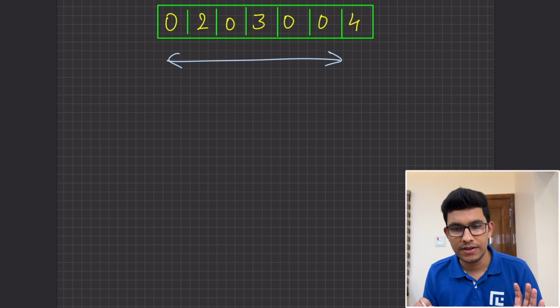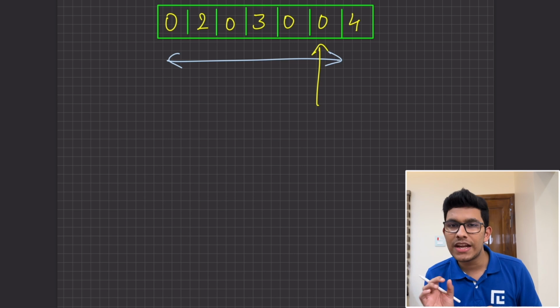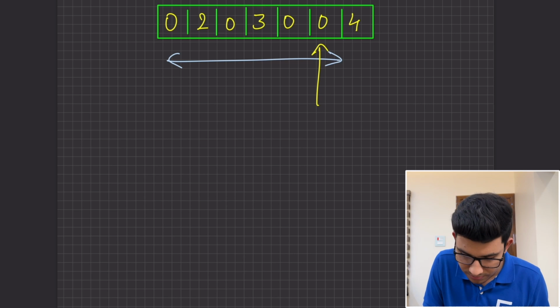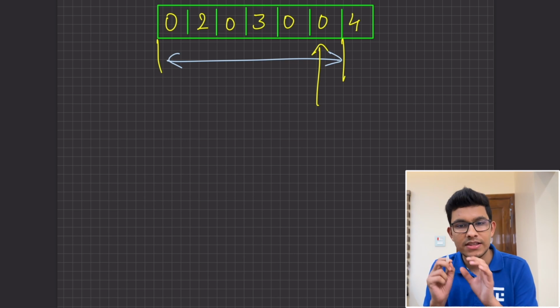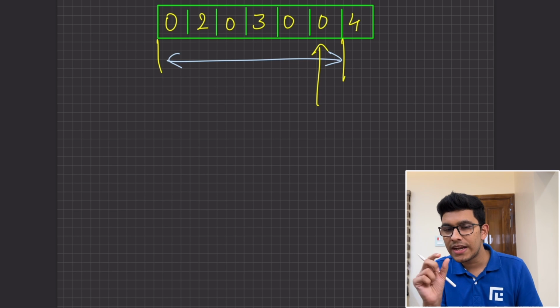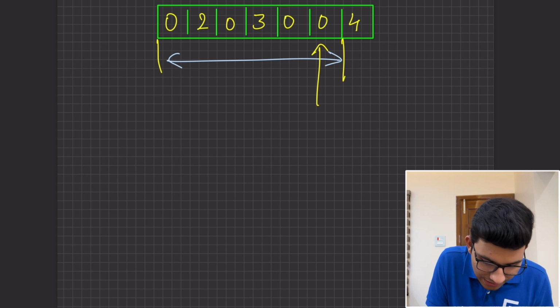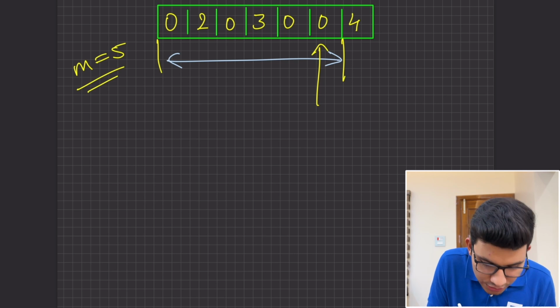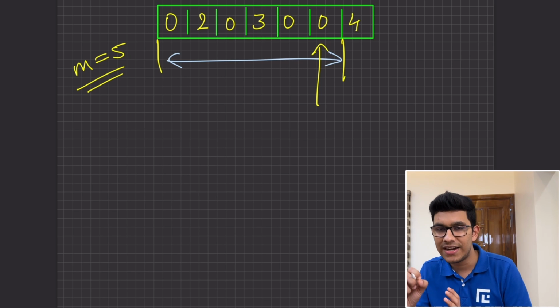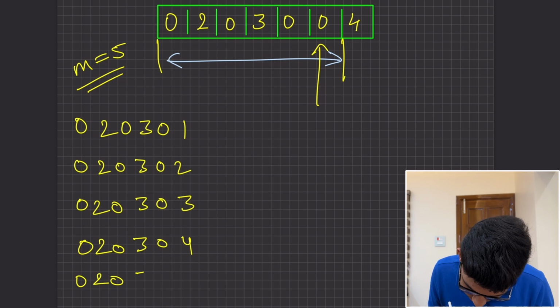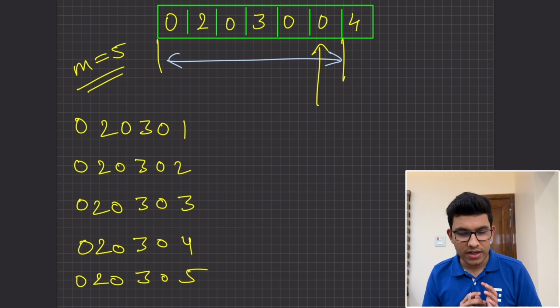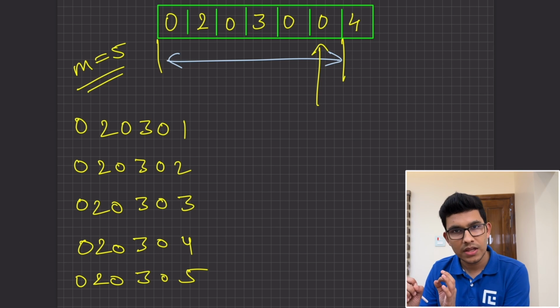We are concerned about this prefix, right? So let's think about what you can fill at this last index here. If m is equal to 5, can I say you can fill all the values from 1 to 5 at this last point? Yes. These are the different cases that you could construct when you fill the last element, correct?